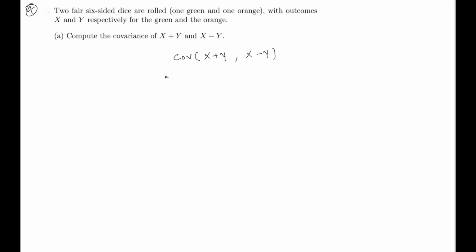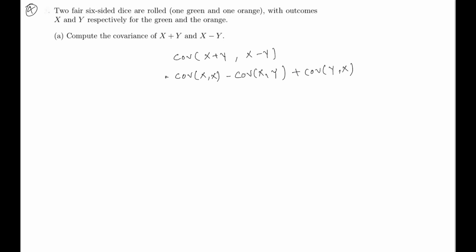So we have already seen this property. This will be the covariance of x and x, and then covariance between x and minus y. So minus times the covariance between x comma y, and then covariance between y and x, so plus covariance between y and x.